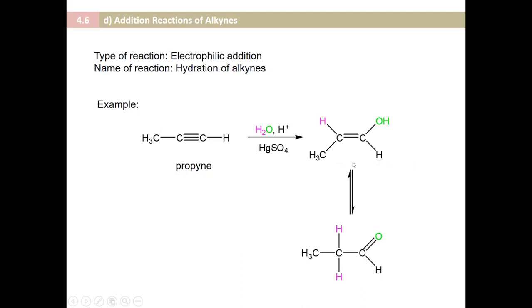Okay, so at the end of the process or reaction, the OH will rearrange, this double bond will rearrange and produce a double bond here, or we call it an aldehyde. C double bond O, here is the R group and here is H. Aldehyde.